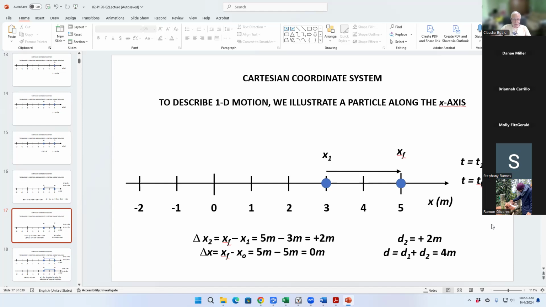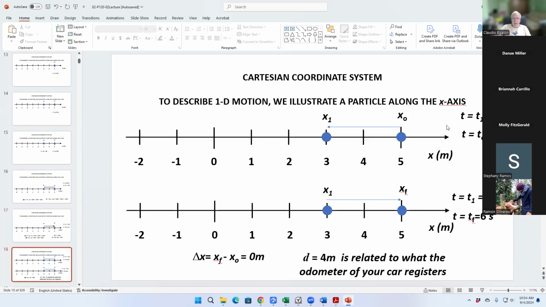Because your car can also do three-dimensional motion, right? If it's going up a hill and doing some turns, it's moving in three-dimensional space. Okay, and here you go. What else can we talk about here? Okay, D equal to 4 meters relates to what? The odometer of your car register. All right.